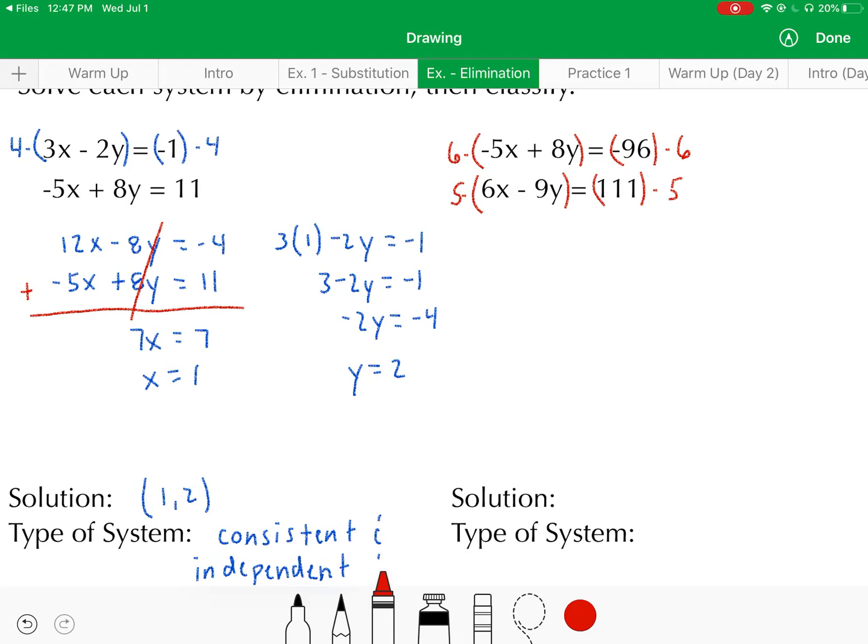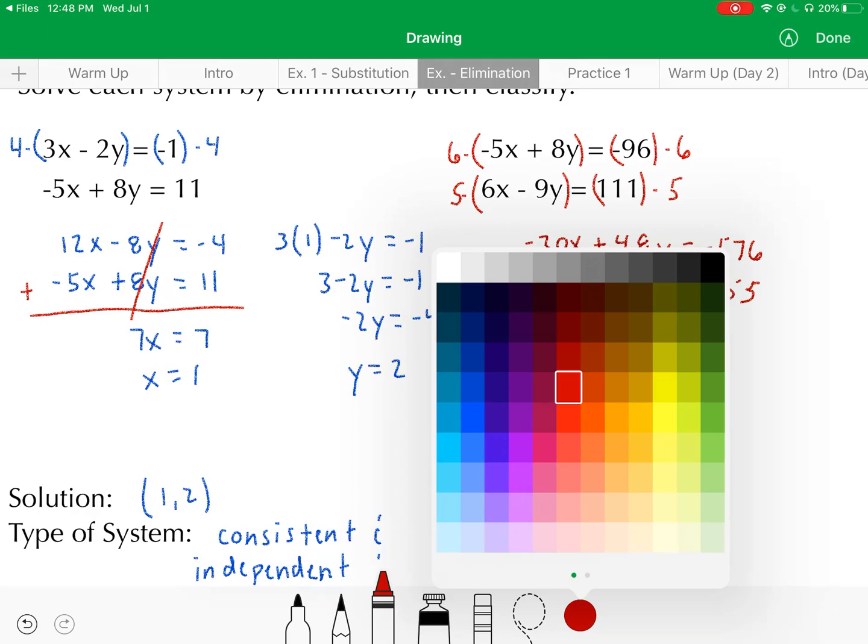All right, so that's going to lead me to -30x plus 48y equals -576. And then the second equation would be 30x minus 45y is equal to 555. Okay.